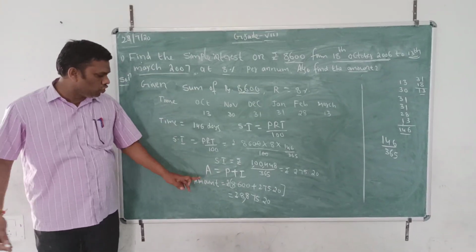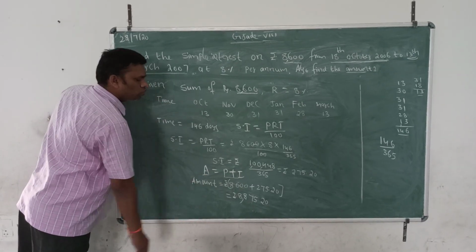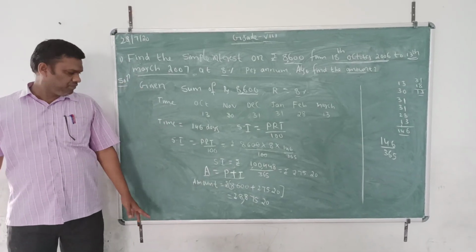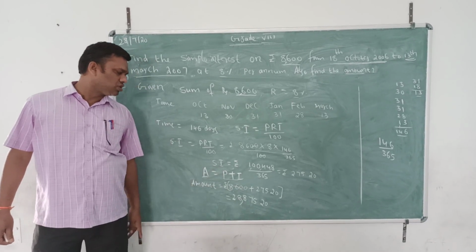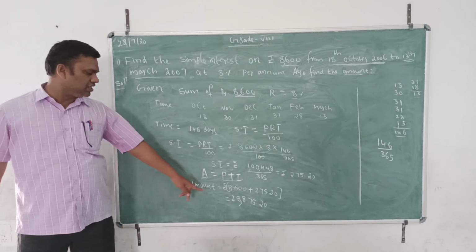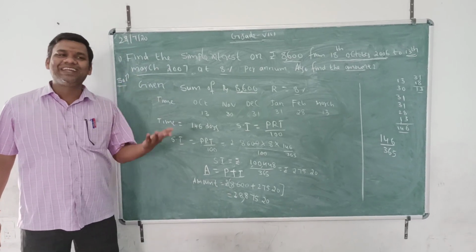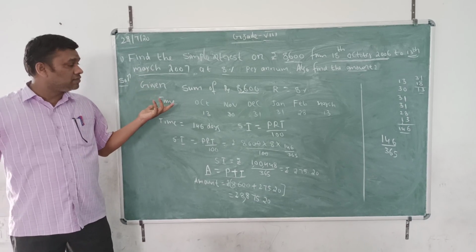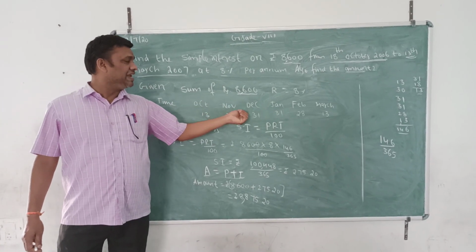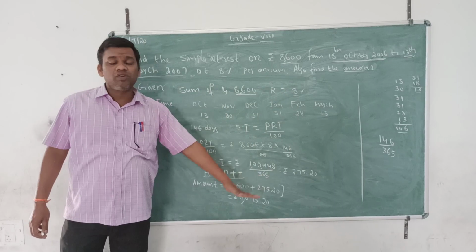What is the amount formula? Amount is equal to P plus I. What is P here? 8,600 plus I is 275.20. That is 8,875.20. Here you have to observe they gave days. How to convert days?